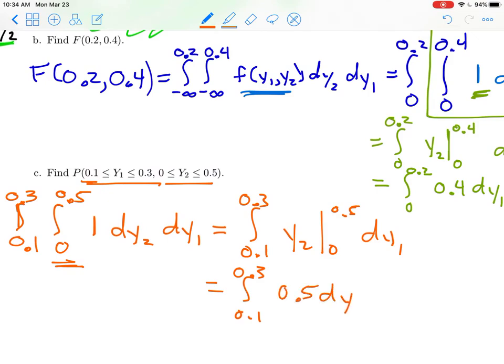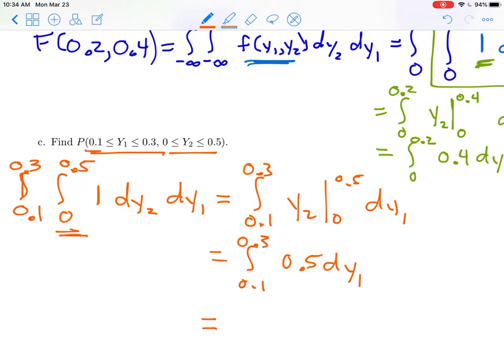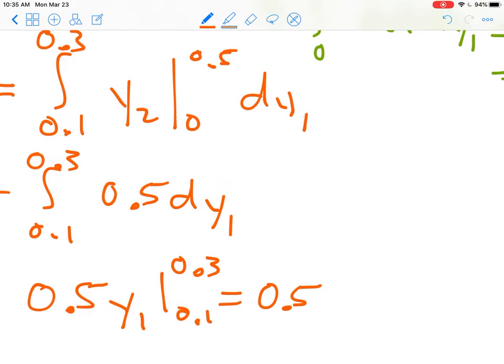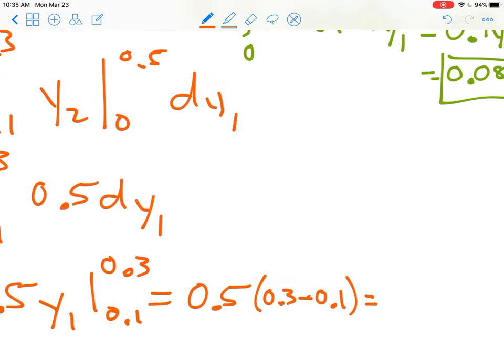Then we need to integrate with respect to y1. Integrating a constant, we just get that constant times the variable y1, evaluated from 0.1 to 0.3. So we end up with 0.5 times 0.3 minus 0.1, which is 0.01.